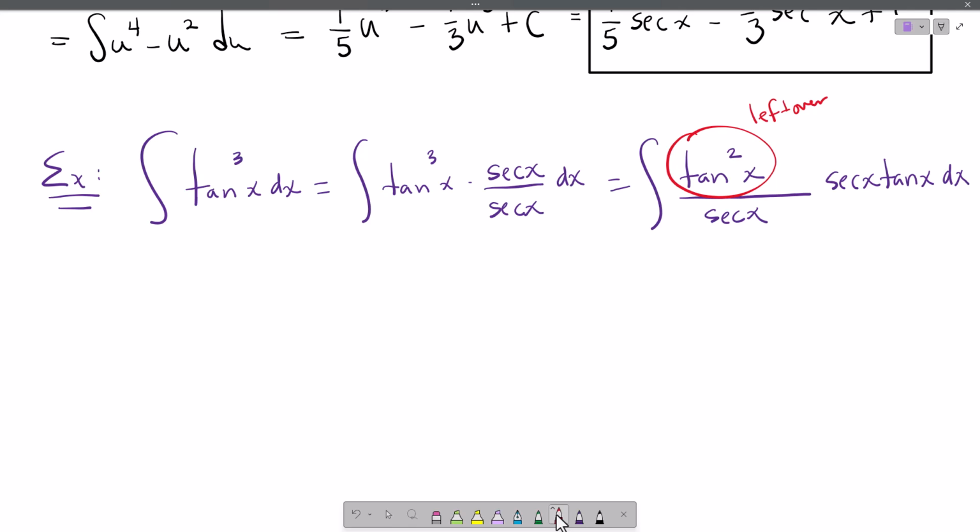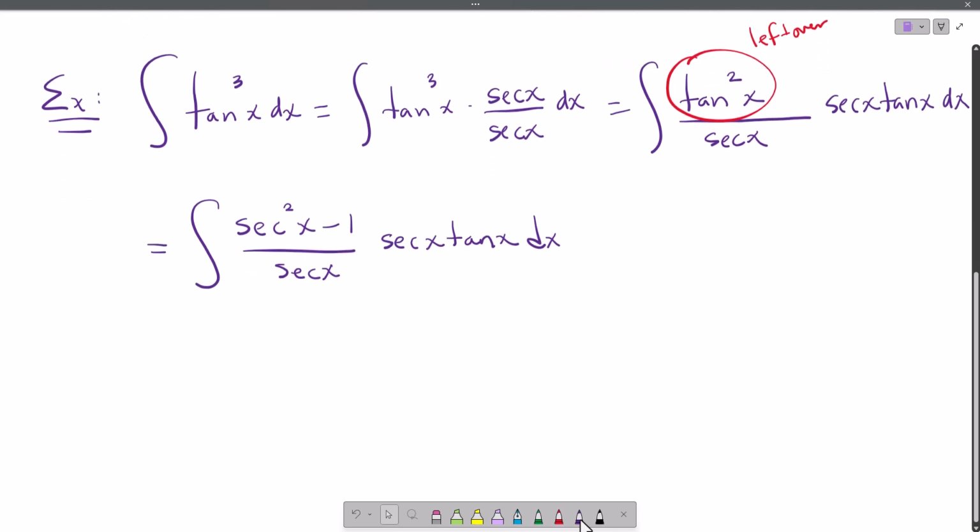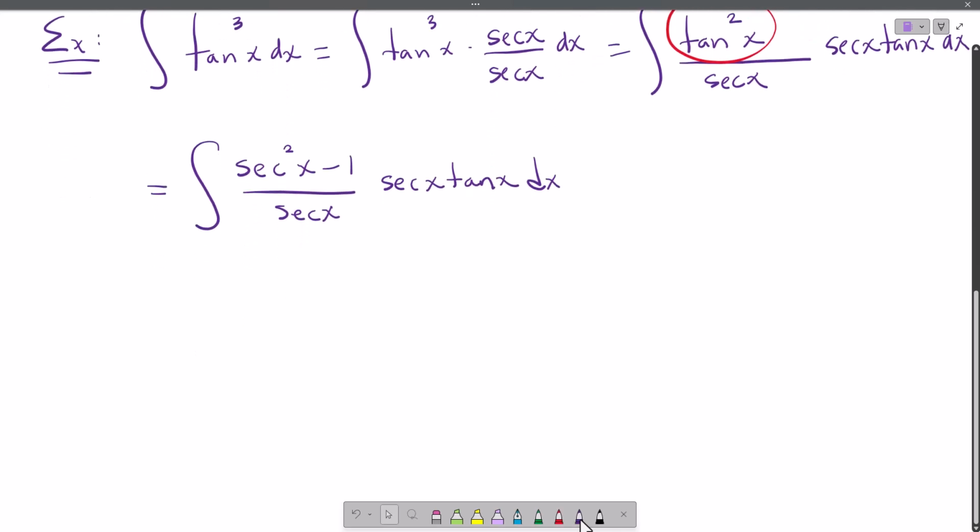So we convert those leftovers: tangent squared is going to be secant squared minus 1, over secant, and then secant tangent. And now we can let u be secant.